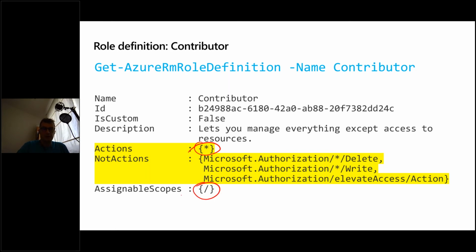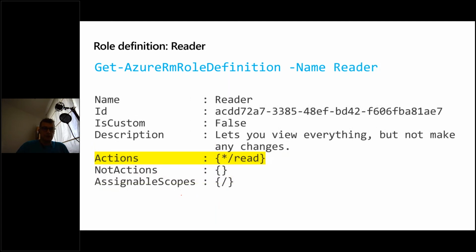But actually, it cannot delete, write, or elevate access. It cannot write or delete roles. So the contributor cannot add anything, cannot elevate another contributor or another administrator in this case. And the reader as well can read scope everywhere, of course, but the only actions that are allowed are to read. An asterisk means everything, for example, in this case.